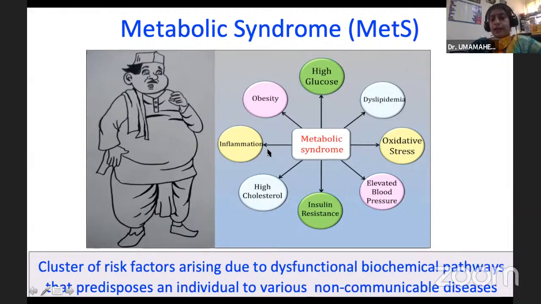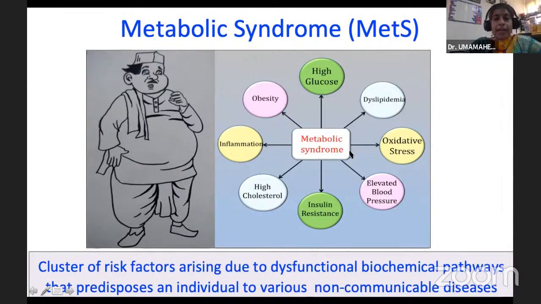Some examples are here, like hypertension, diabetes, different forms of diabetes like insulin resistance or high glucose. There can be inflammation that is associated that can lead to other diseases like heart disease and so on, high cholesterol and lipid dysfunction, and of course, obesity.